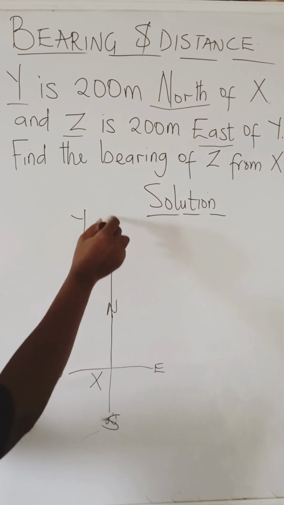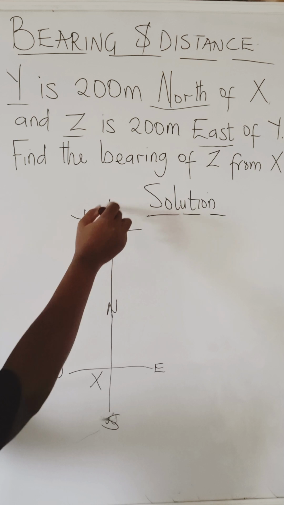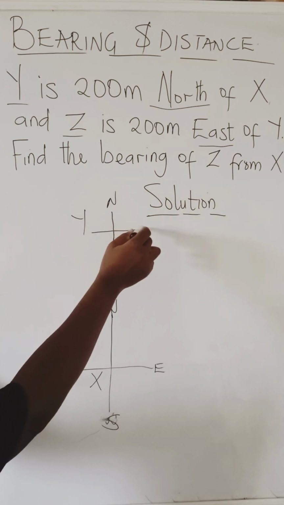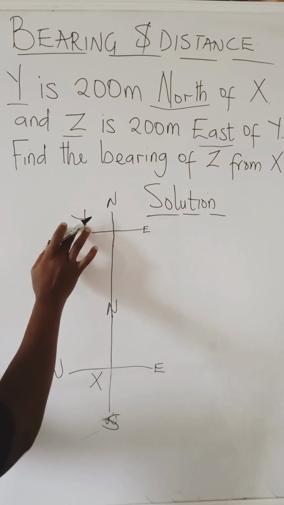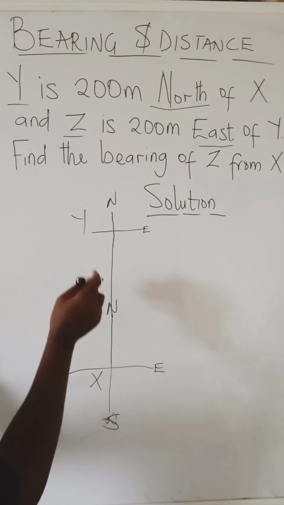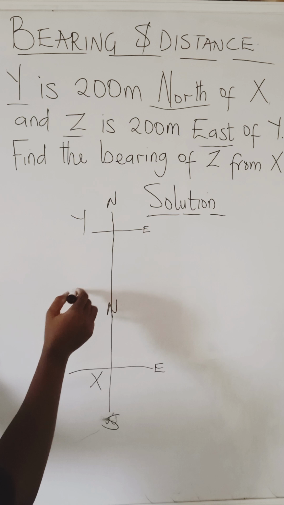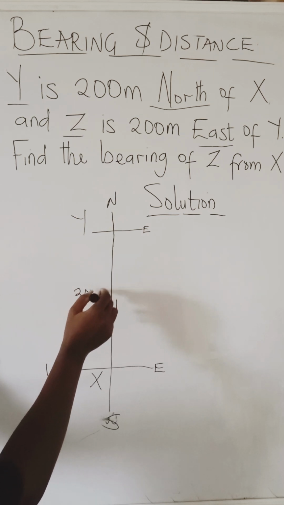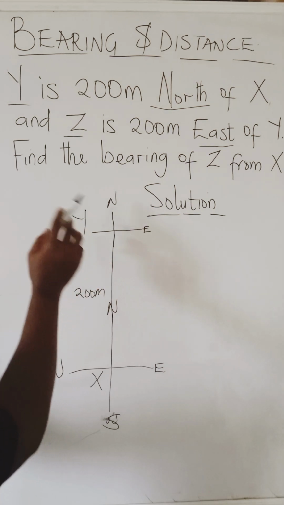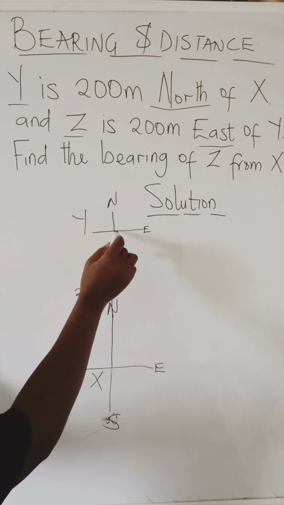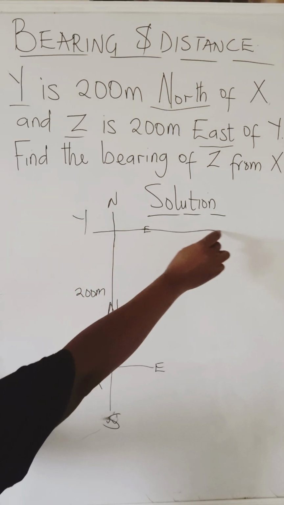This is our Y, still going upwards. This is our east, west, and south for the Y location.